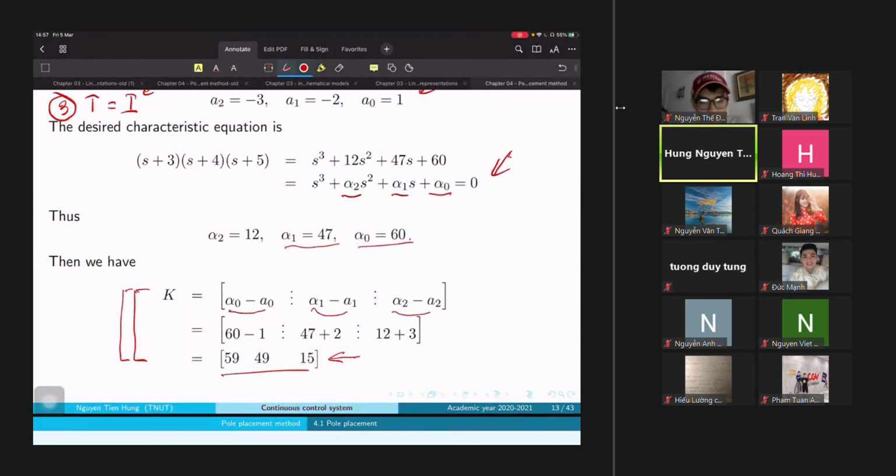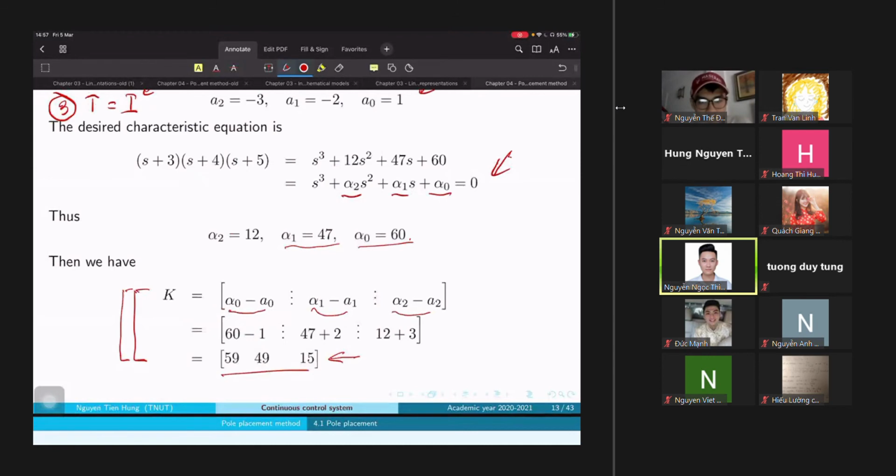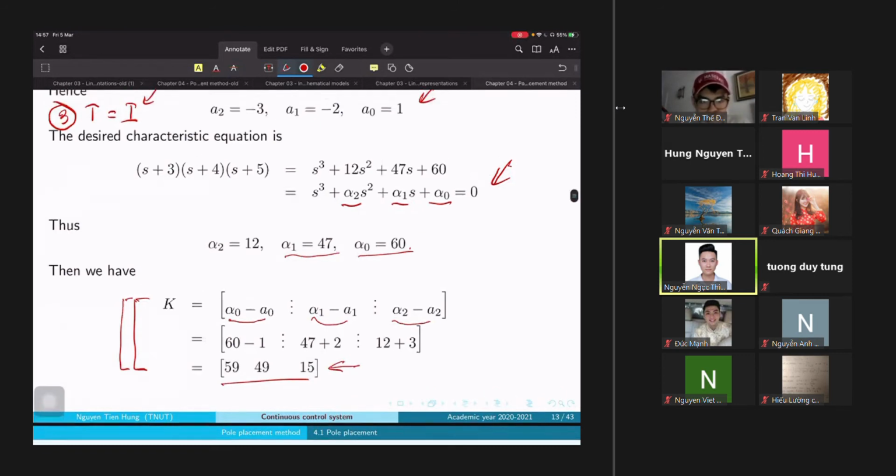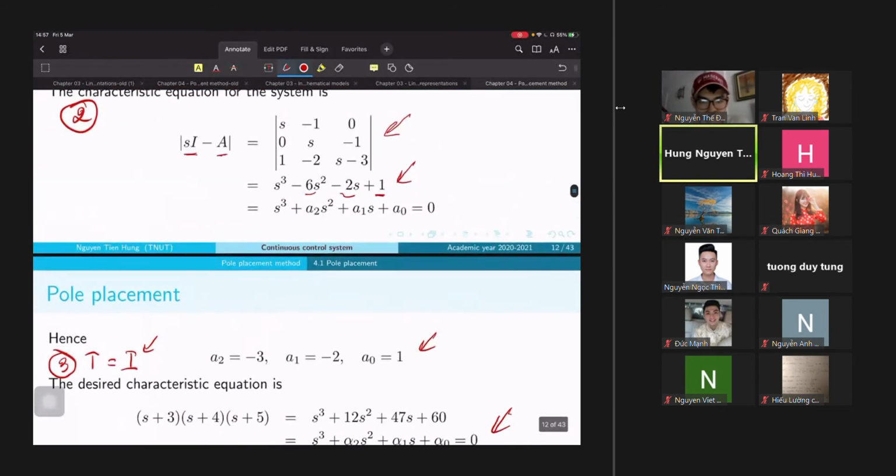Any question, please? Sir, I just think about a2. Why does a2 equal minus 3? Because I see a2 needs to be equal to 6. Go up, yes, a2. Yes, minus 6.